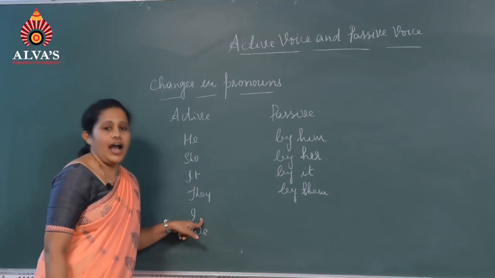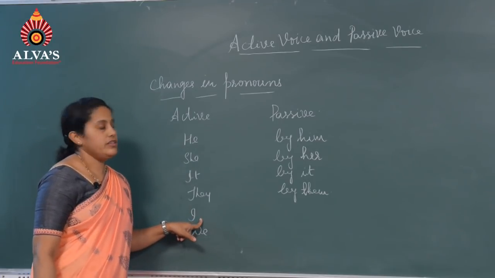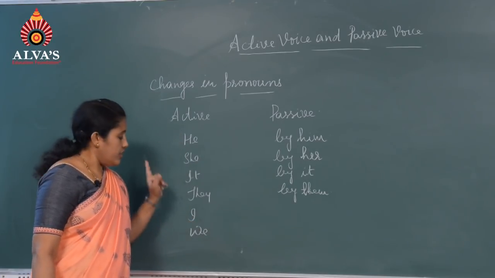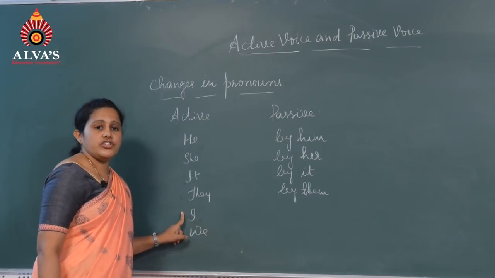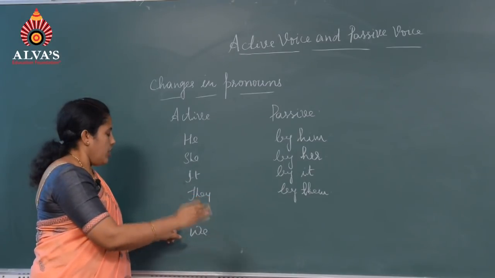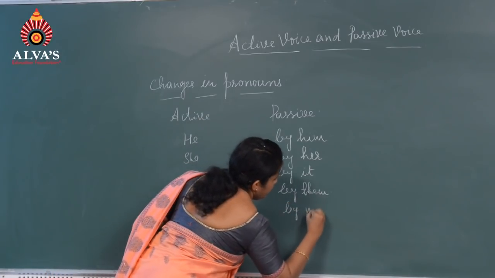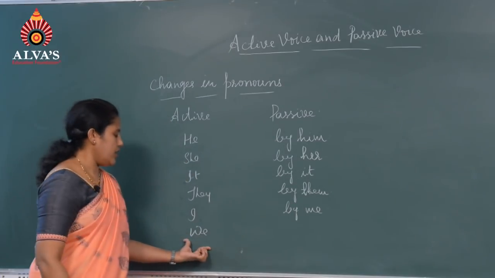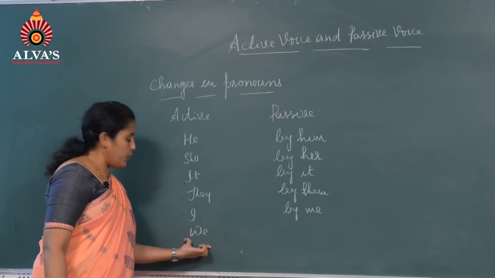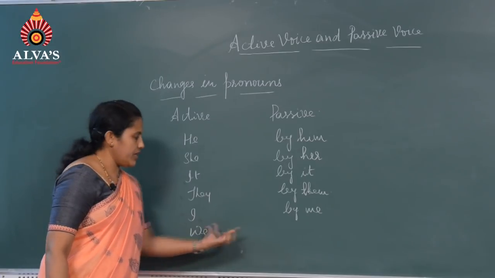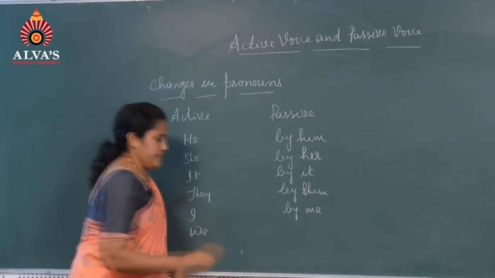If there is I, first person in the active voice, when we change from active to passive, it becomes by me. Same thing with first person plural, we: if there is a we, it becomes by us.